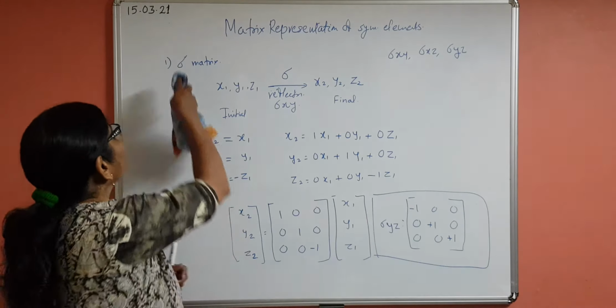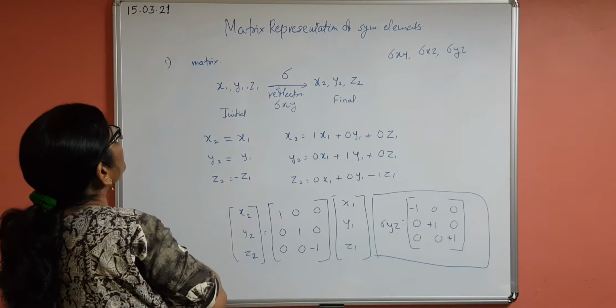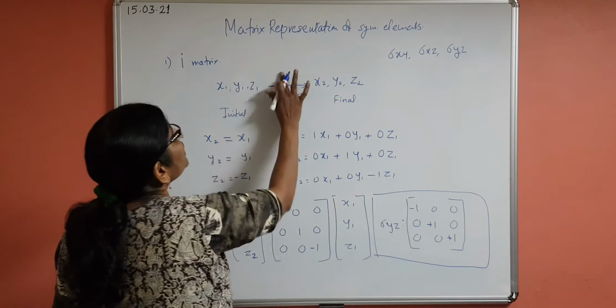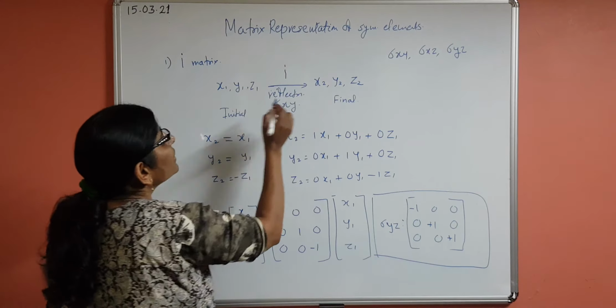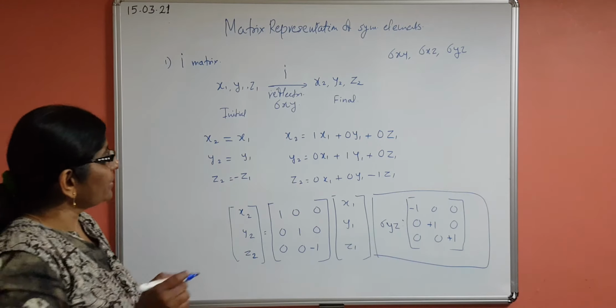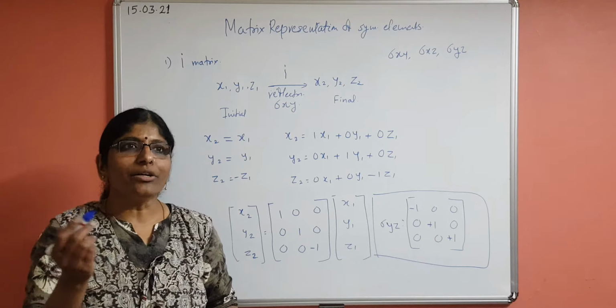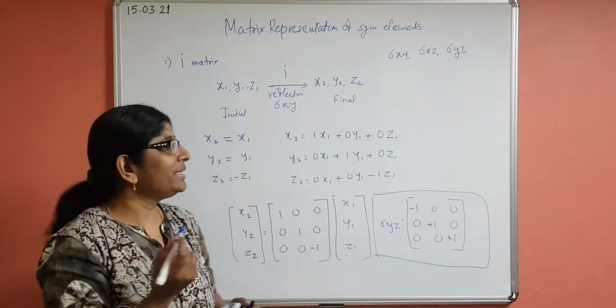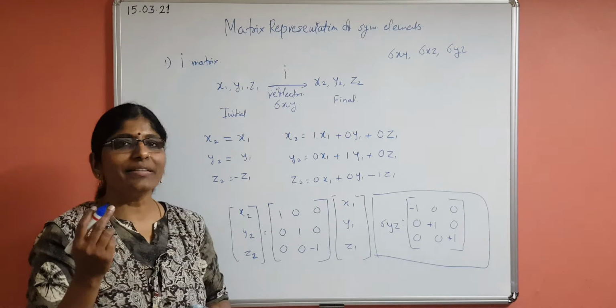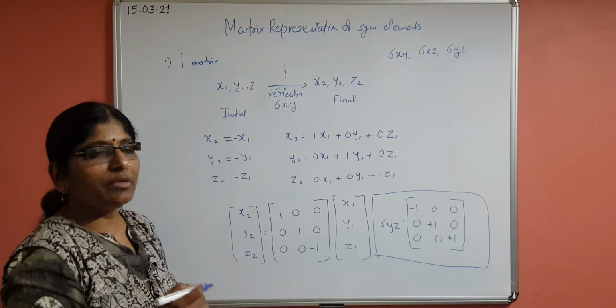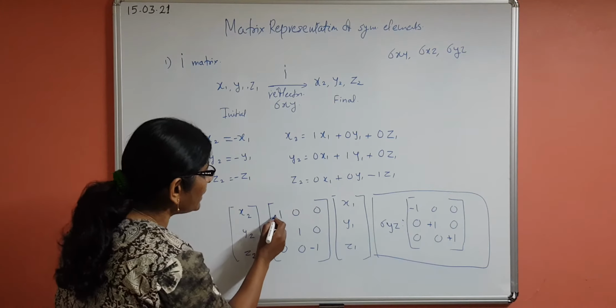Okay, next the inversion matrix. Instead of sigma, we'll do the I matrix, the center of inversion. So what will happen in inversion, all of you know, everything will get inverted. I mean x, y, z all will have a negative sign.